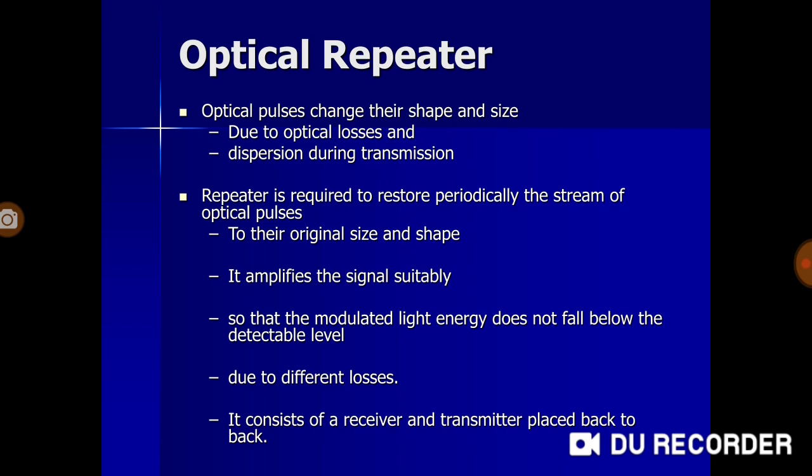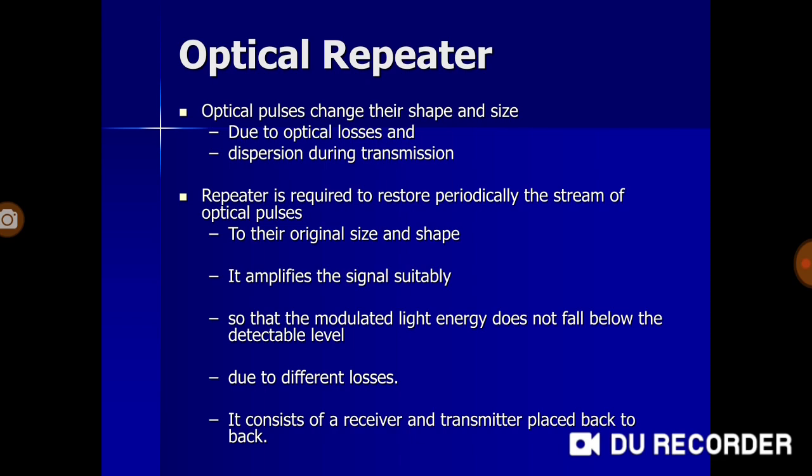So it maintains the shape and size, that is the form of the wave shape that is traveling. Then it should be amplified, in the sense signal strength should be added so that it can travel a longer distance, and it should not fall below the minimum detectable level.